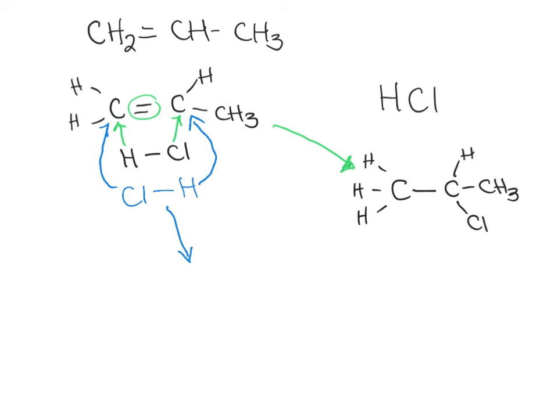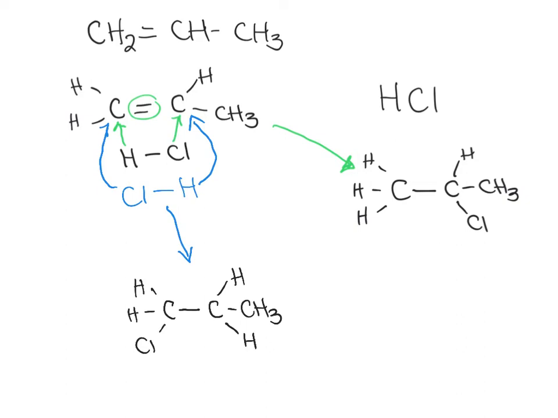So we'd end up with our carbon with our 2 hydrogens on it. But this time we're going to have our chlorine on the first carbon. Then we've now got a single bond because our double bond is broken. We've got our carbon bonded to our hydrogen and our CH3, but then we've got our hydrogen on this molecule.